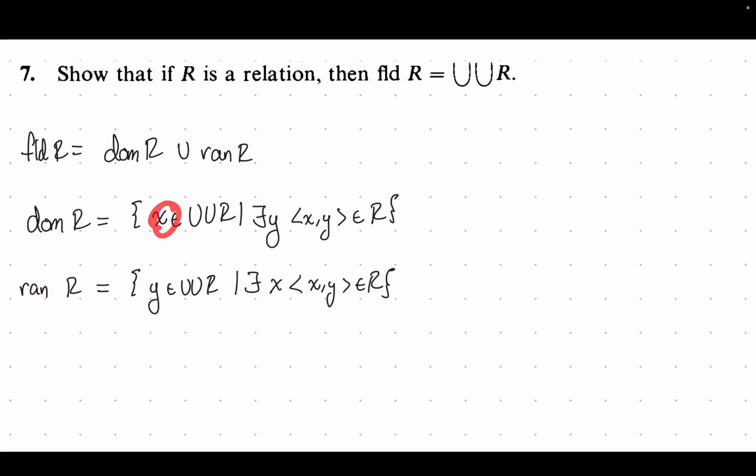Note that x corresponds to the left of the ordered pair, y corresponds to the right of the ordered pair. And the field is going to be whatever is inside either of these two.